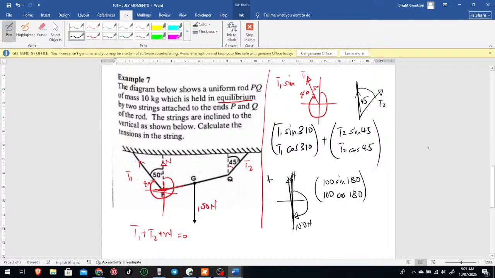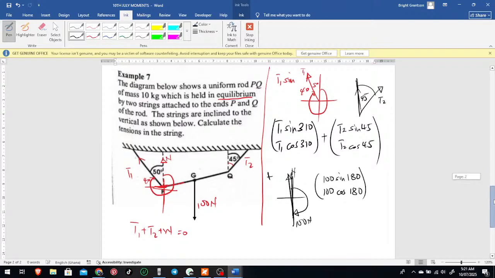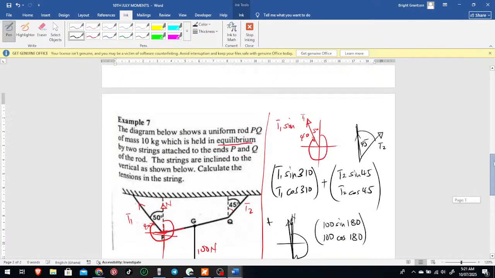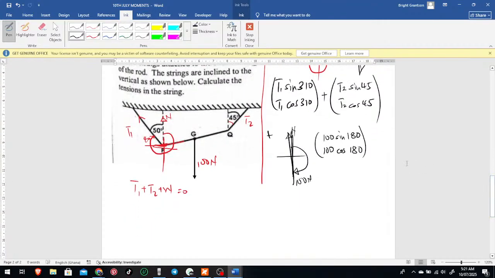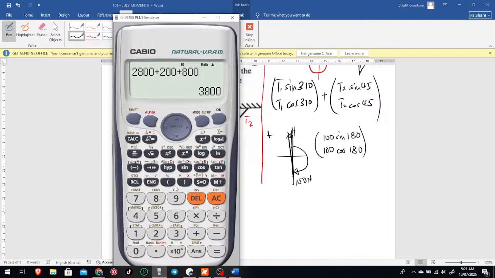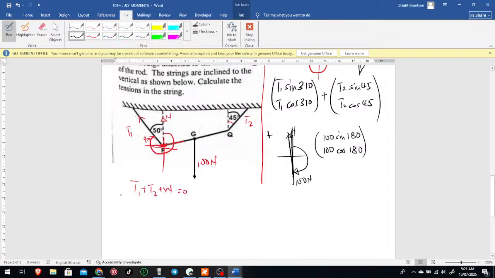So let's resolve them. Give me the solutions. Calculator. Sine 310. What will be the answer? Negative 0.766. Make sure your calculator is in degrees mode. 0.766. Okay.